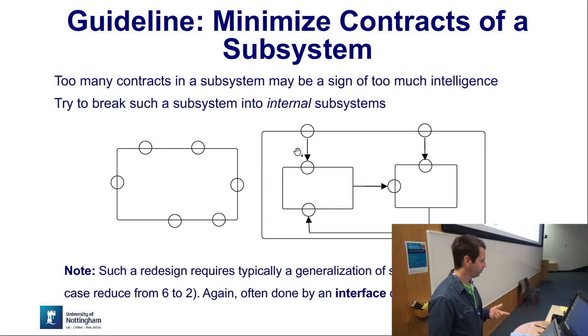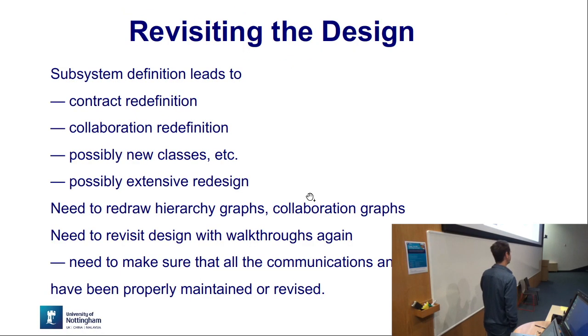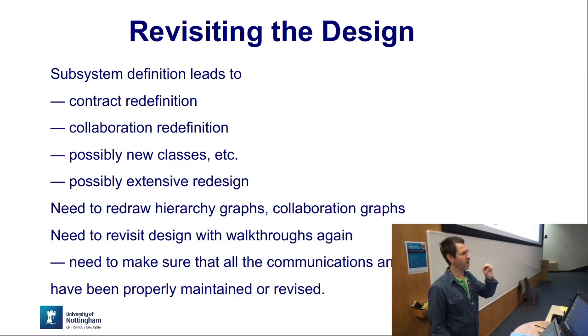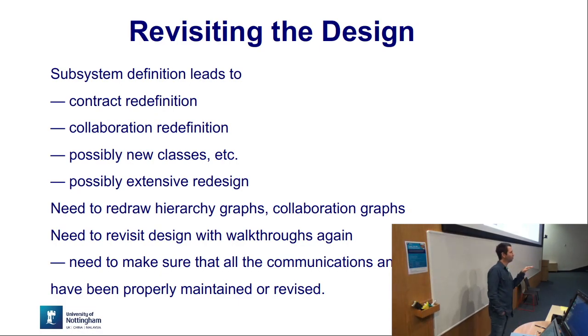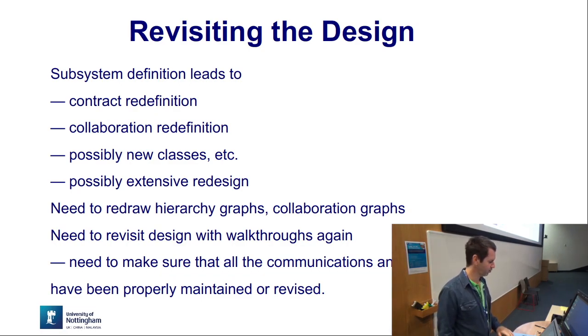So after we've identified subsystems, we have to update our design, right? Because in our collaboration phase, we had all of these collaborations between classes. But now we've introduced new classes or subsystems, and all those collaborations have to be updated. So we have contract redefinitions, collaboration redefinitions, possibly new classes that represent the subsystems.